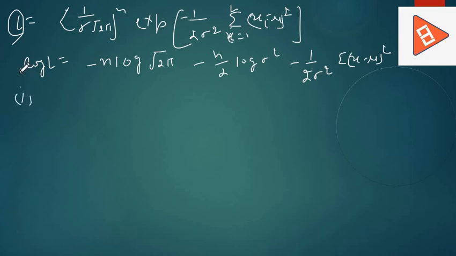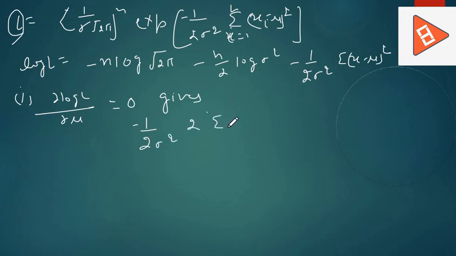In first case we have to find out the maximum likelihood estimate for the mean. So we will differentiate log L with respect to mu, and put it equal to 0, which gives minus 1 by 2 sigma square times 2 summation of (xi minus mu), that is 0.